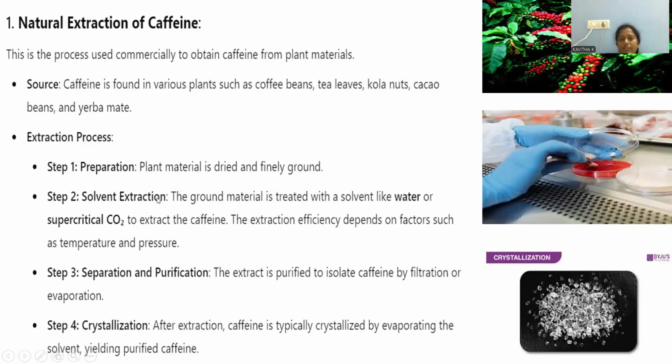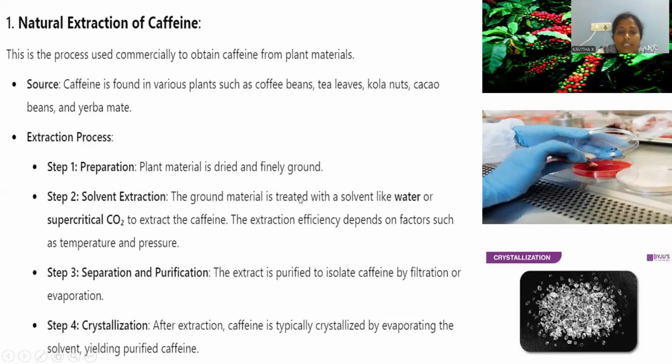Next is solvent extraction. Solvent extraction means what? Whenever we are taking plant extracts, there are complicated molecules, that means many materials are present within. Whatever caffeine we exactly require should be isolated. In order to get the isolation, solvent extraction is very important.